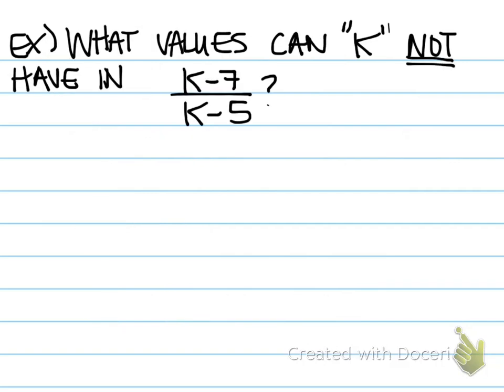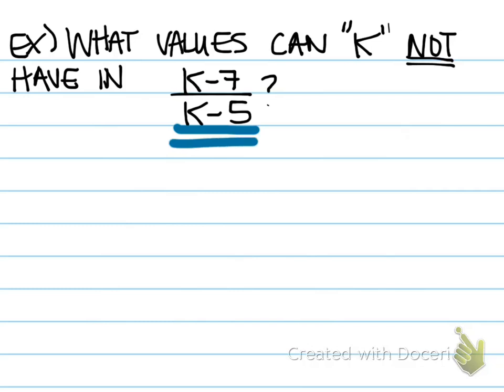Using the rules of 0 that we just looked at, let's look at this example. It says, what values can k not have in this fraction or division problem? Okay, we just looked at the numerator can be anything. It can be 0, it can be a number, so the numerator is not at all affected. It's the denominator, the whole k minus 5 part, that can never equal 0.